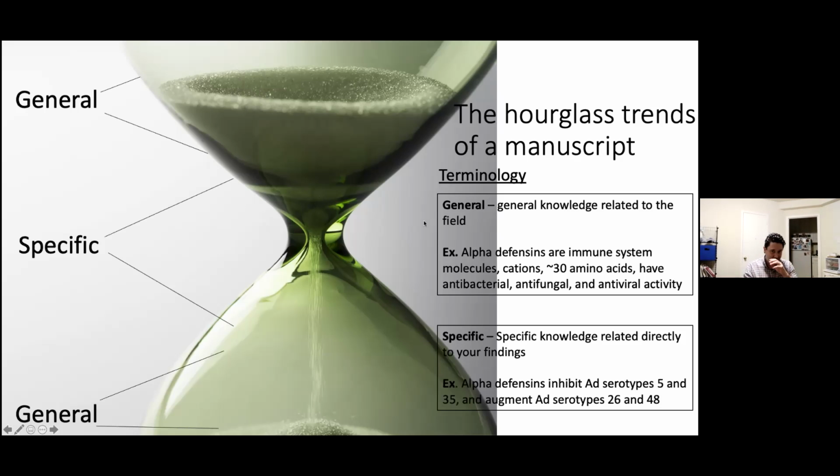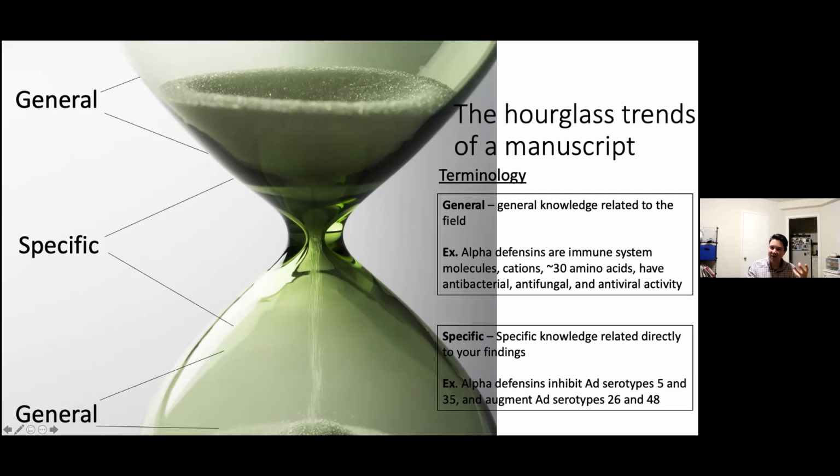So by definition, and with an example, general is general knowledge related to the field, right? If we go back to alpha defensins, they're immune system molecules, their cations are about 30 amino acids in length. They have antibacterial, antifungal, antiviral activity. I didn't talk anything here about an adenovirus vaccine or the real crux of this manuscript, right?